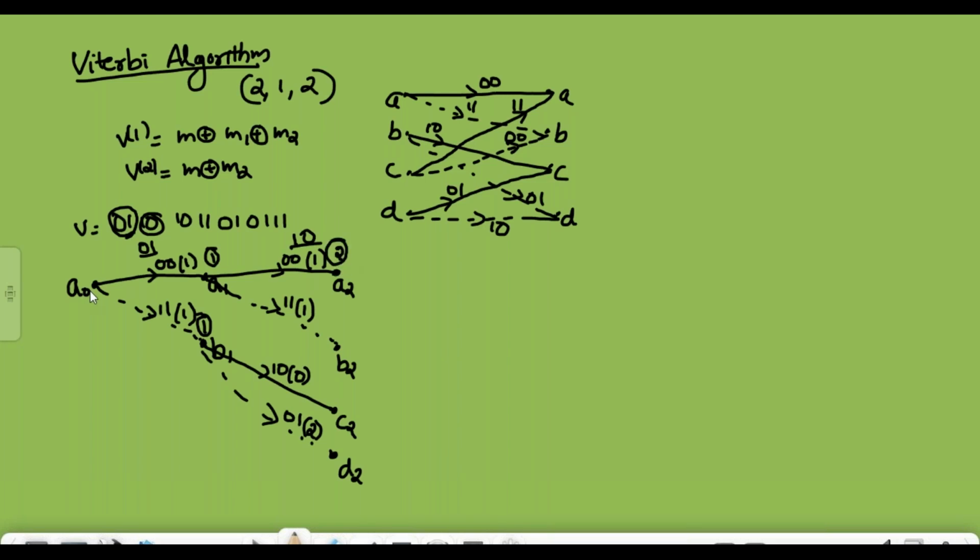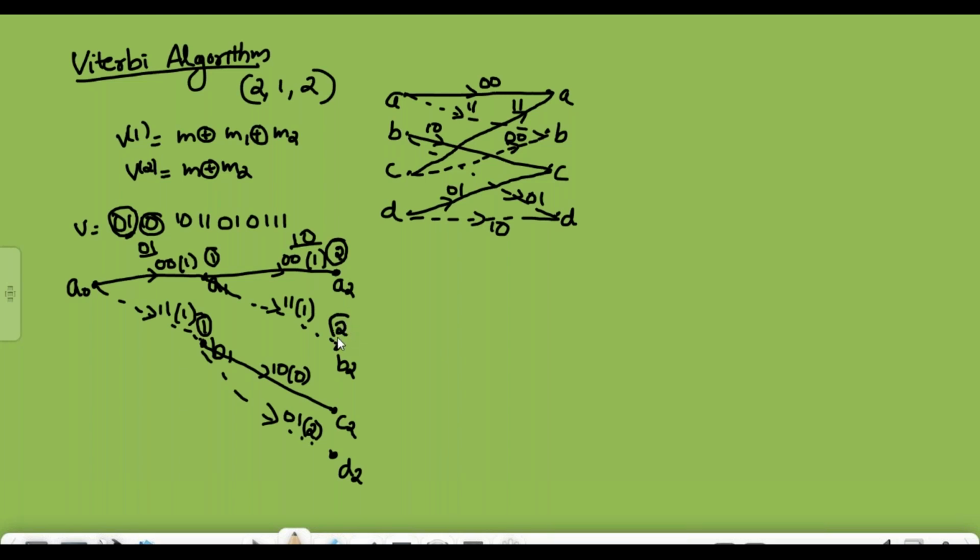Another path arriving at B2 is A0 A1 B2. Here the path metric is 1 plus 1, 2, in the circle. Then 1 plus 0 is 1. Then here 1 plus 2, the path metric is 3.